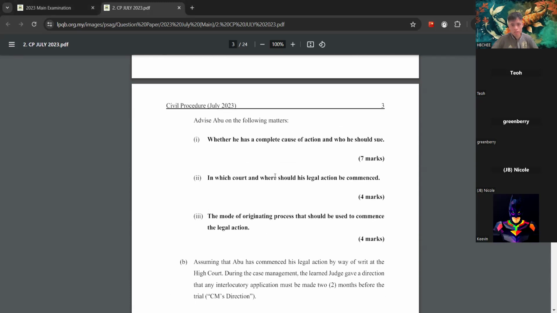Because when you see "in which court", this is the first part of your answer. And "where" will be the second part of your answer. When we write our answer on which court, you must be able to identify the jurisdiction of the court.